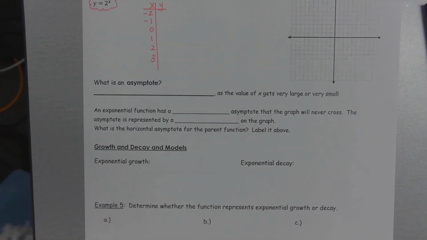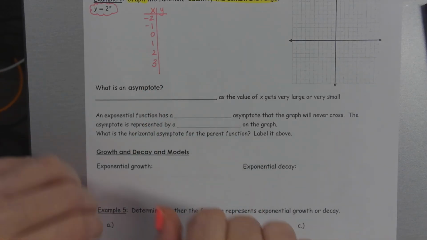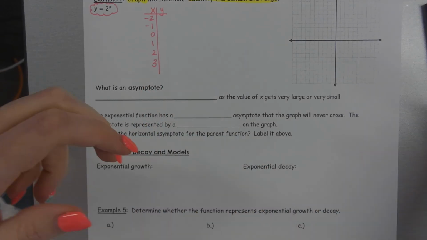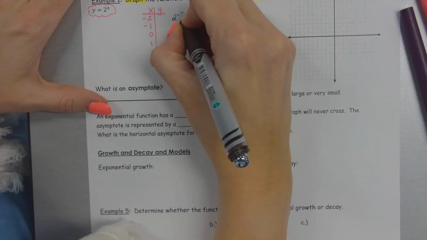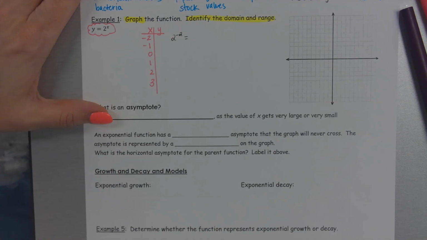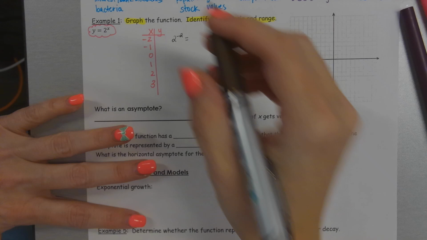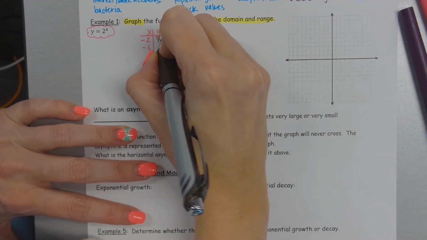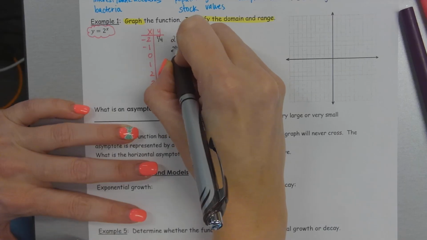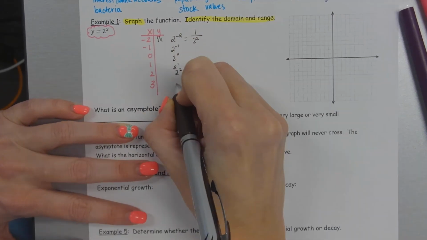Okay, so if you are plugging in these values, okay, if you have a negative exponent, so if you do 2 to the negative 2, we just studied exponents. How would I rewrite that? 2 to the negative second would be the equivalent to what? Yes, 1 over 2 squared. Great. Okay, so this is going to be 1/4. Okay, so I want you to go through and evaluate each one of these.